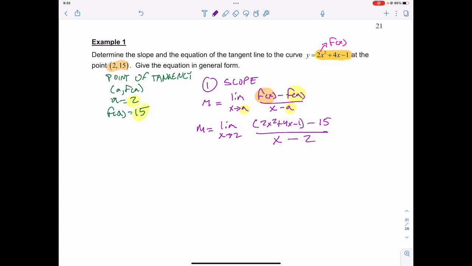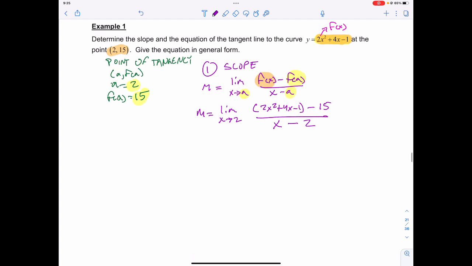At this point, I'm just going to simplify this function.